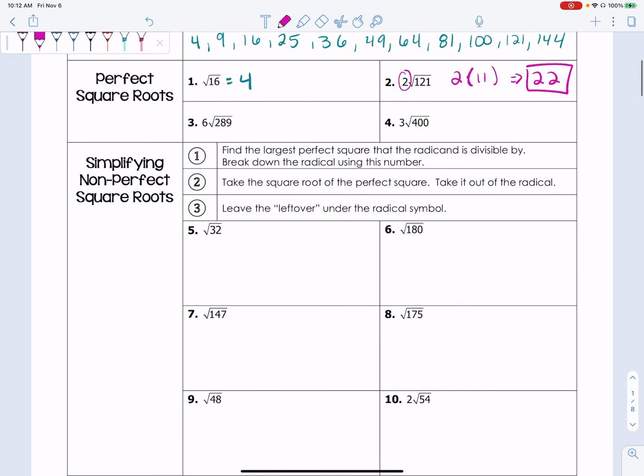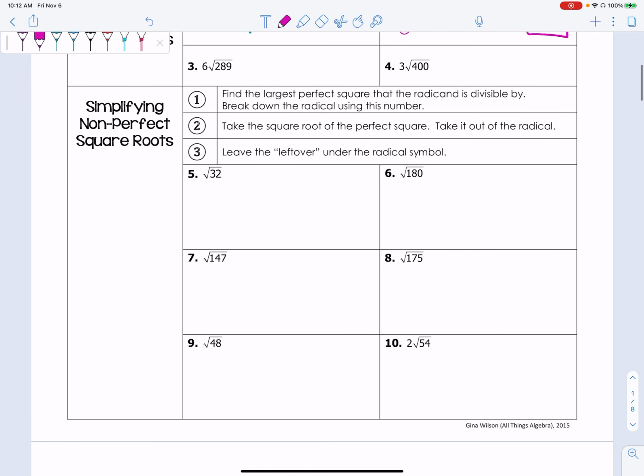Now, the hard part becomes when we don't have a perfect square that we're simplifying in our radical. There's 2 ways in which we can simplify a radical. The first is going to be the way that these 3 steps break it down for us. The first one is finding the largest perfect square that the radicand is divisible by, and then breaking down the radical using that number.